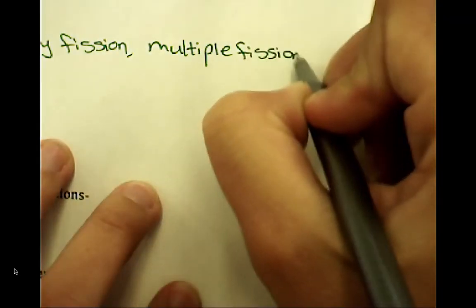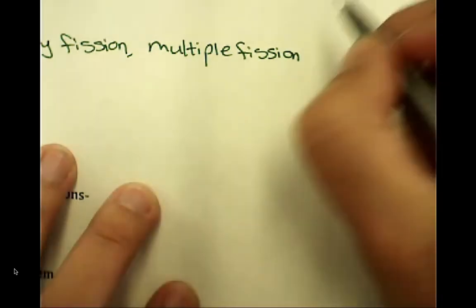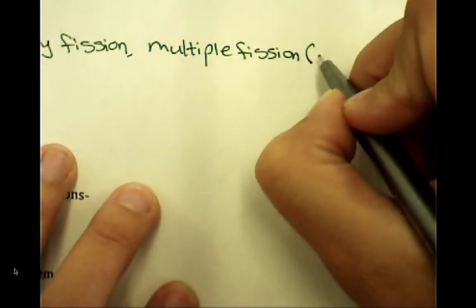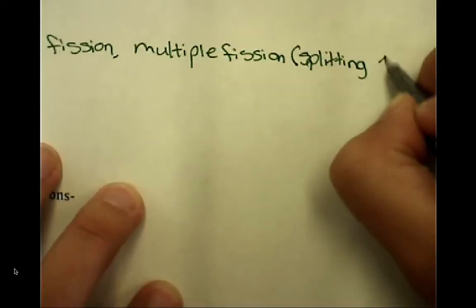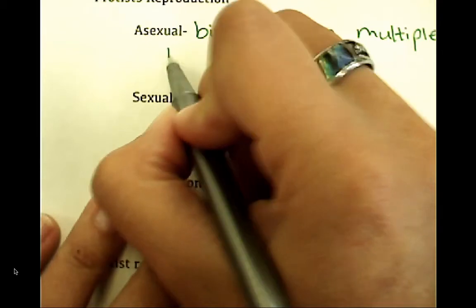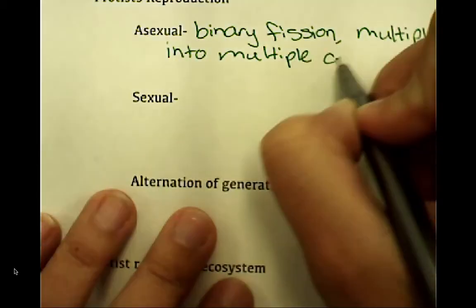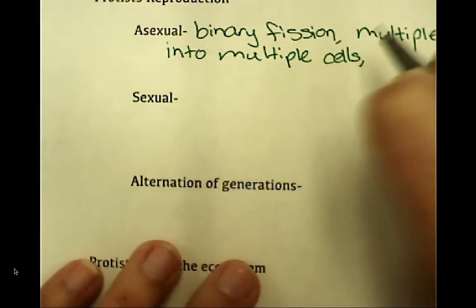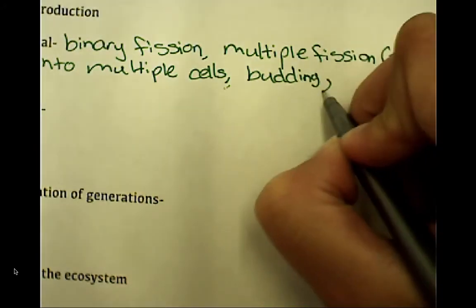Basically, in binary fission, you make 2 cells. Multiple fission, you can make more than 2 cells. So it's splitting 1 cell into multiple cells. Another one is budding. So they'll just have a little bud off.